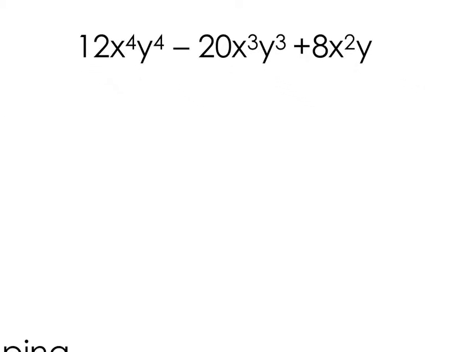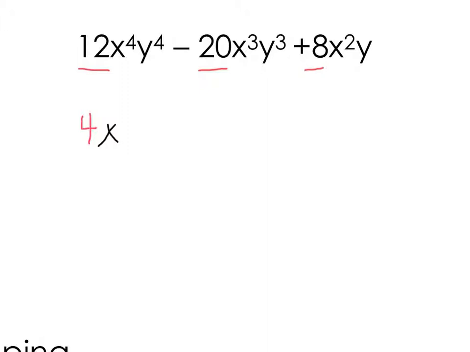Look at this one. We're looking for the greatest common factor. So we're looking for the largest number that will go into 12, 20, and 8. The largest number that will go into each of those individually is 4. Now we're looking for our x's. So we have x to the 4th, x to the 3rd, and x squared.